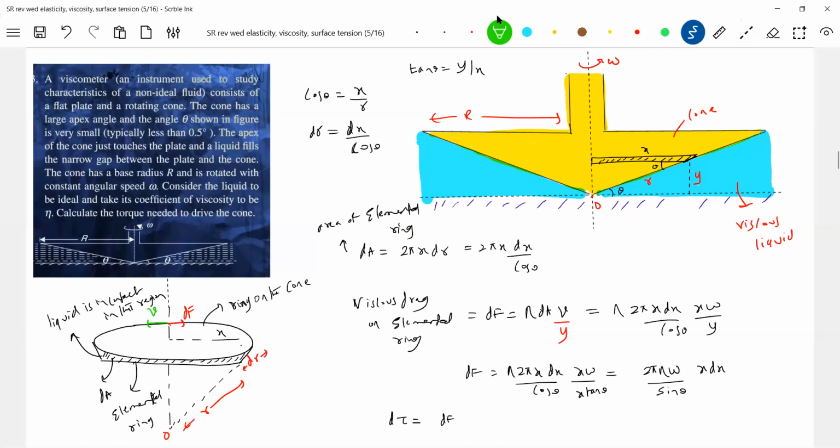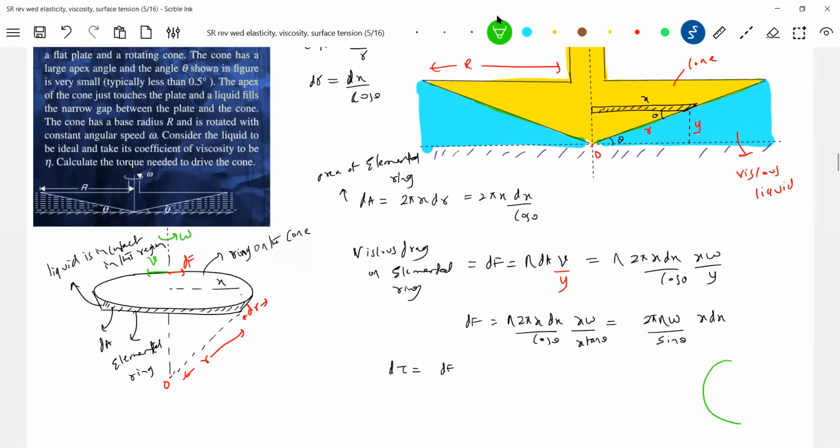And this is omega. Okay, fine. So what is dF? dF will be the torque. I think I'm in a better position, or you convert into a plane diagram. Velocity, this will be dF. So what is the torque? Torque should be dF into x, not dF into r.